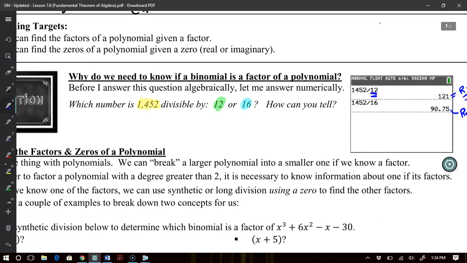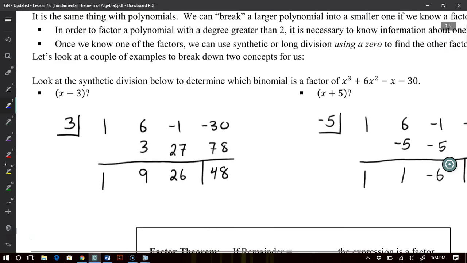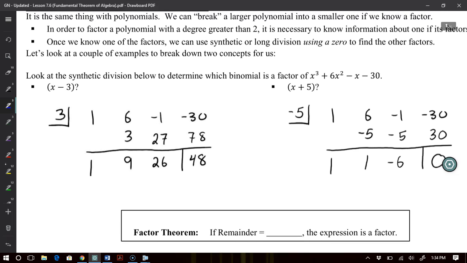And so that's what we're going to use to help us out, is we're going to break an x cubed polynomial into an x squared, which I touched on in the previous overview video. So if we take a look, here are two synthetic divisions in order to save time worked out for you.